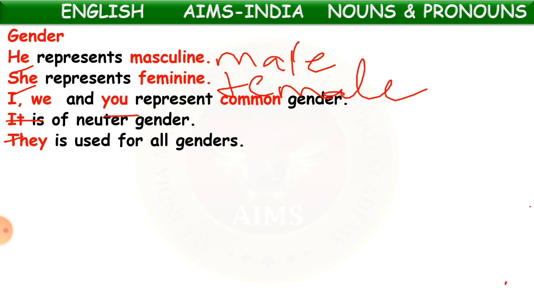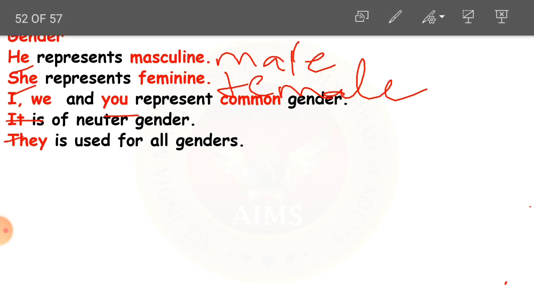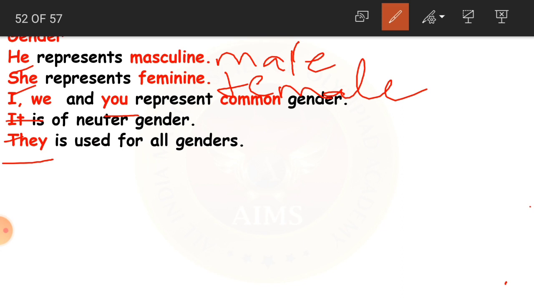Now, they is used for all genders. If it is in plural form, whether male or female, common or neuter gender, all genders are represented as they in pronouns. We can use they for any gender here.